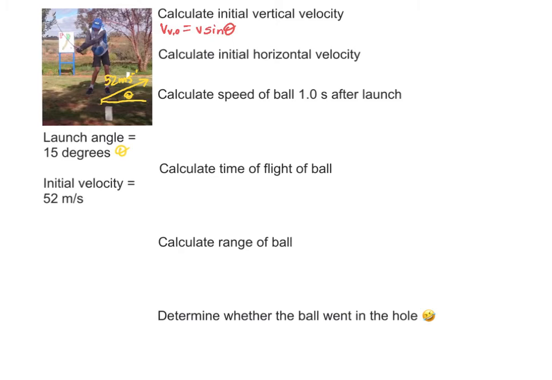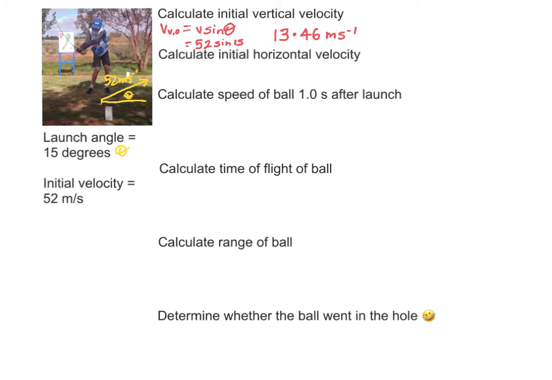Make sure that we substitute into that formula. So v0 vertical is equal to 52 times sine of 15. And that gives us an initial vertical velocity of 13.46 meters per second.